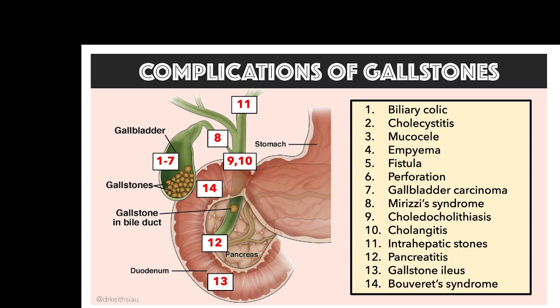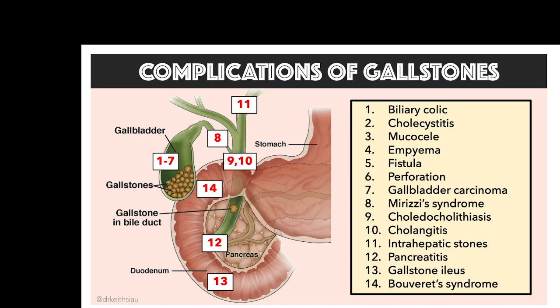Once the stone is formed, a good number of patients may remain asymptomatic. Usually around 45% of patients who have gallstones may remain asymptomatic throughout life; you see them only when investigations are done. The most common complications are episodes of biliary colic, or it could trigger cholecystitis, or be a cause for mucocele, which we have already discussed in cholecystitis, empyema, or a gallstone may result in a fistula, like rupture of the gallbladder and a biliary fistula could be formed, or perforation of the gallbladder.